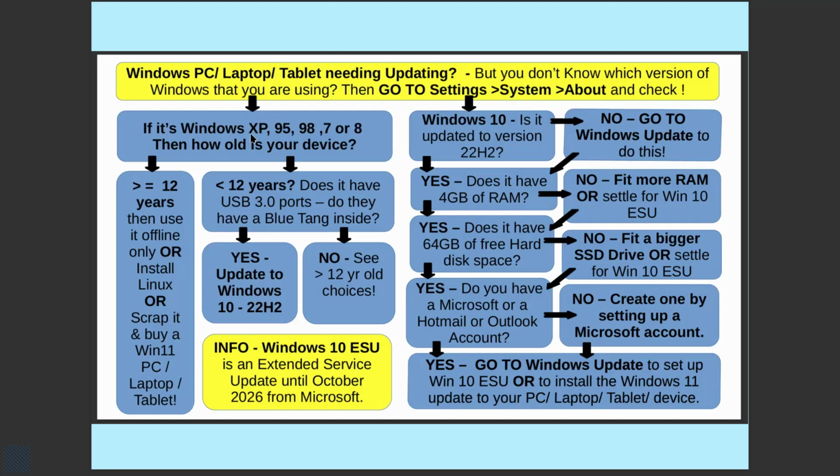If it's Windows XP, 95, 98, 7 or 8, then you may have a very old computer. If it's older than 12 years, then you need to use it offline only, i.e. not connected to the internet, because earlier versions of Windows are not secure. Or you need to install some alternative software called Linux, which is an alternative operating system, just as capable as Windows, but free of charge.